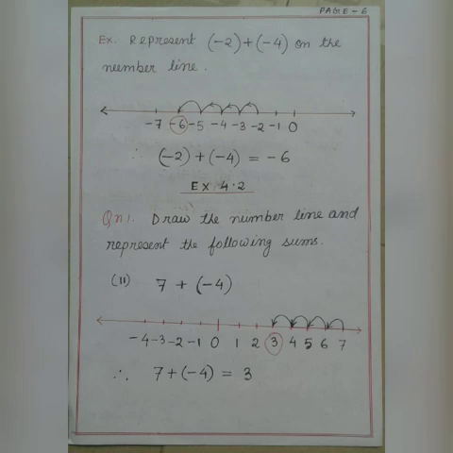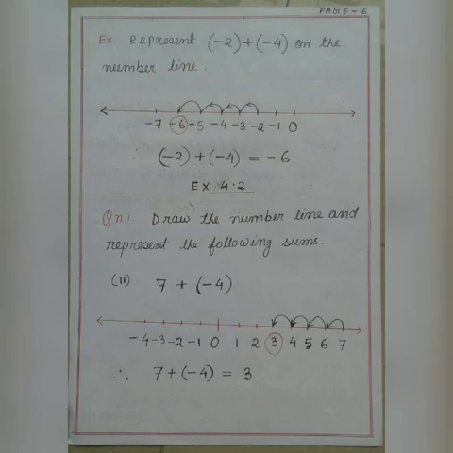Now let us check another example. Represent minus 2 plus minus 4 on the number line. I have drawn the number line, you can see it in the slide. So starting from minus 2, I have to move 4 steps towards left because it is minus 4.